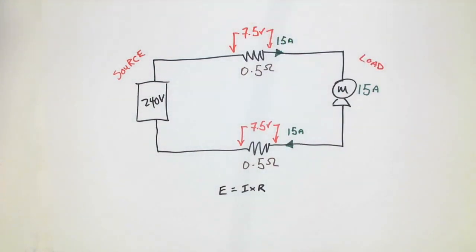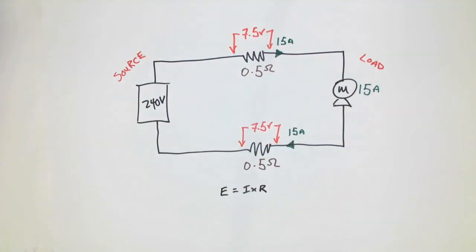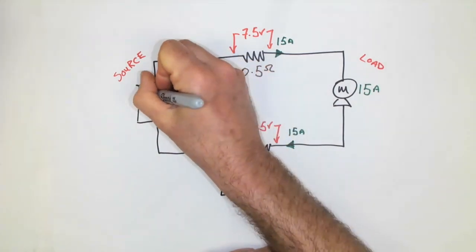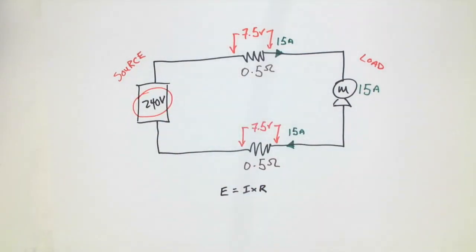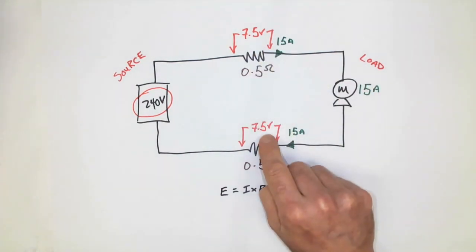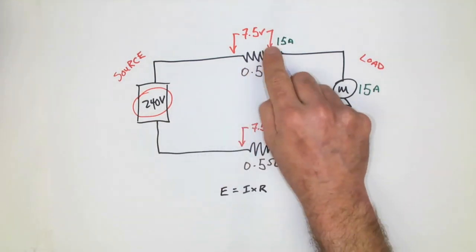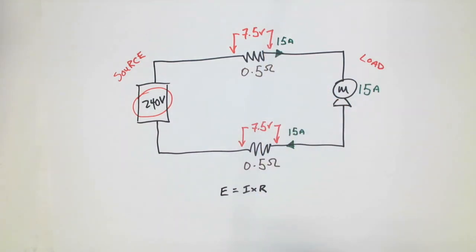Now remember, when we're talking about voltages in a closed loop, like what we have here, we can use Kirchhoff's voltage law because 240 volts would be the total voltage rise, and the voltage drops in the loop must equal the rise. Right now, I have 240 rise and 7.5 drop and 7.5 drop.